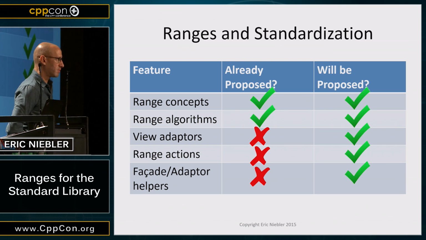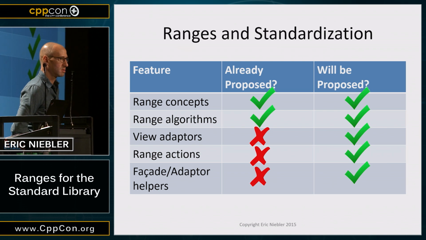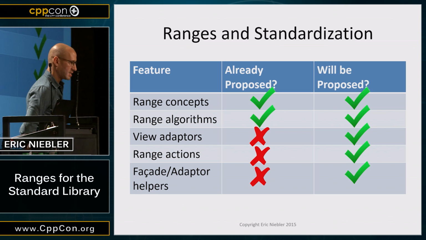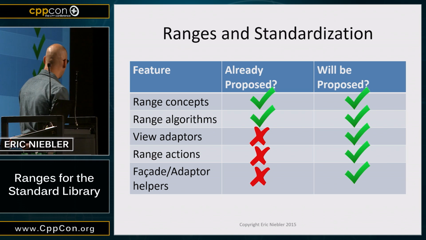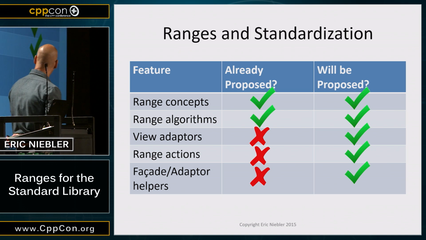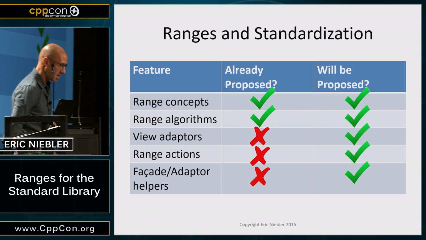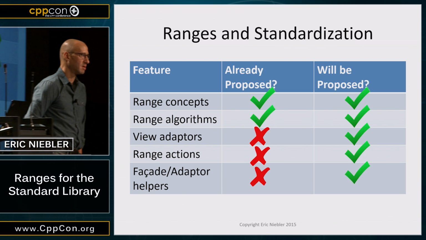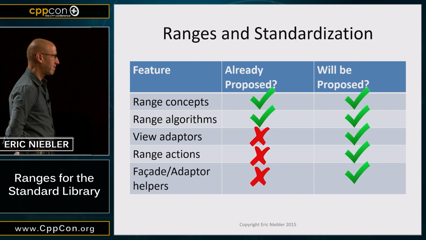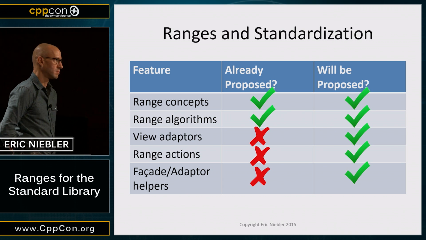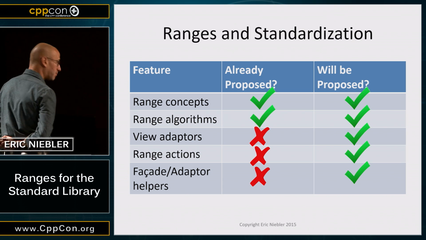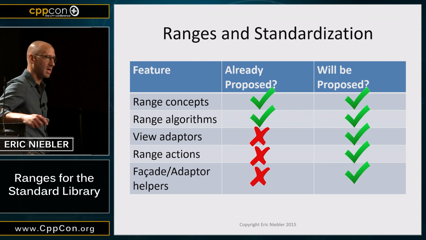And the range algorithms have been proposed, that is, algorithms that accept ranges instead of iterator pairs. But the adapters, the actions, the facade, and that range adapter helper class, I haven't proposed those yet, just for lack of time. But I will propose them, and that's on my agenda.